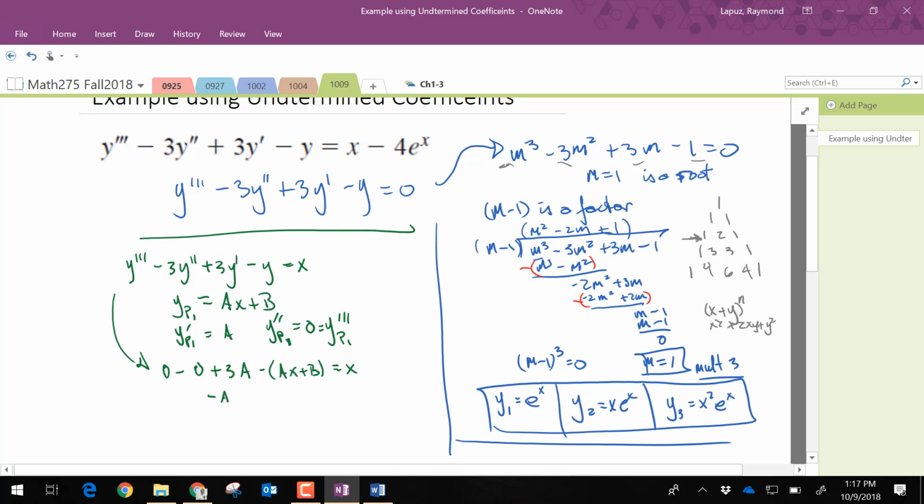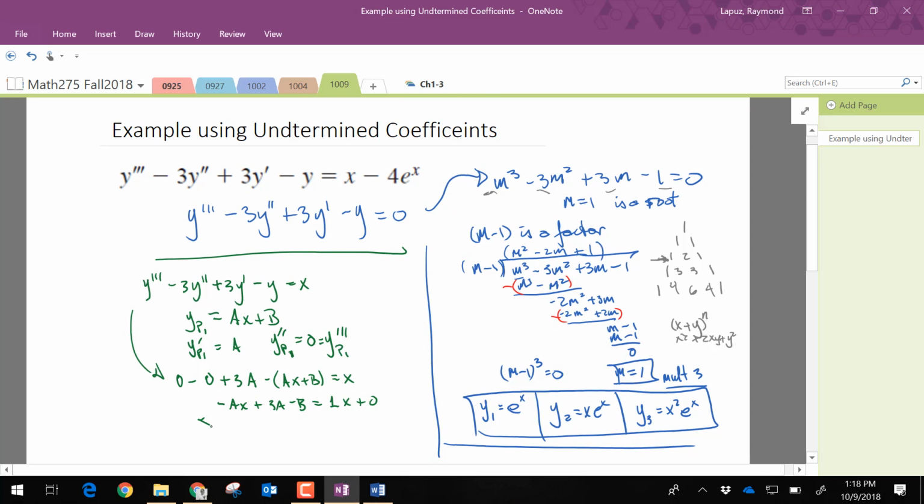We have minus ax plus 3a minus b is equal to 1 times x plus 0. So negative a is equal to 1, and then 3a minus b is equal to 0. But a is equal to negative 1, so b equals negative 3.